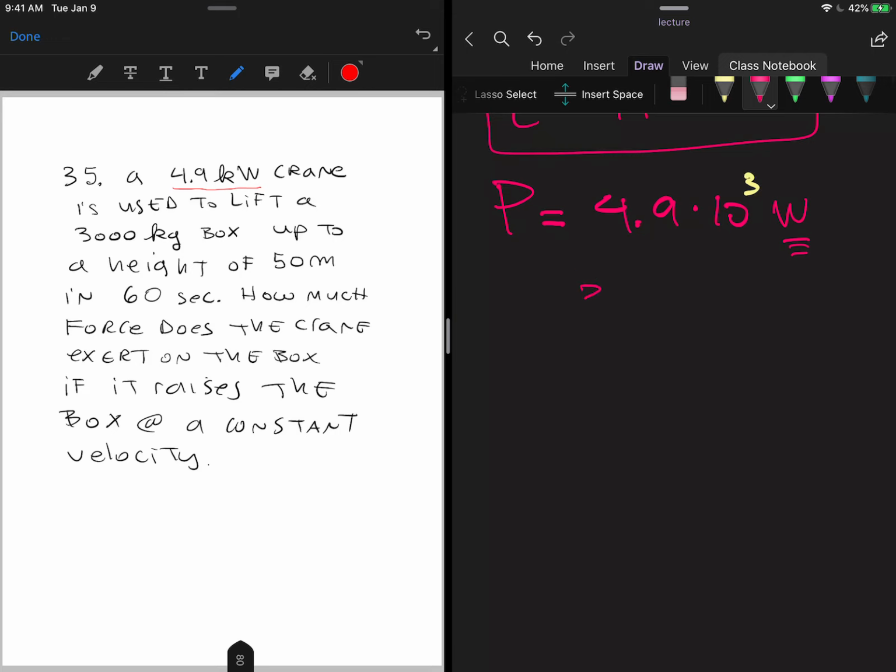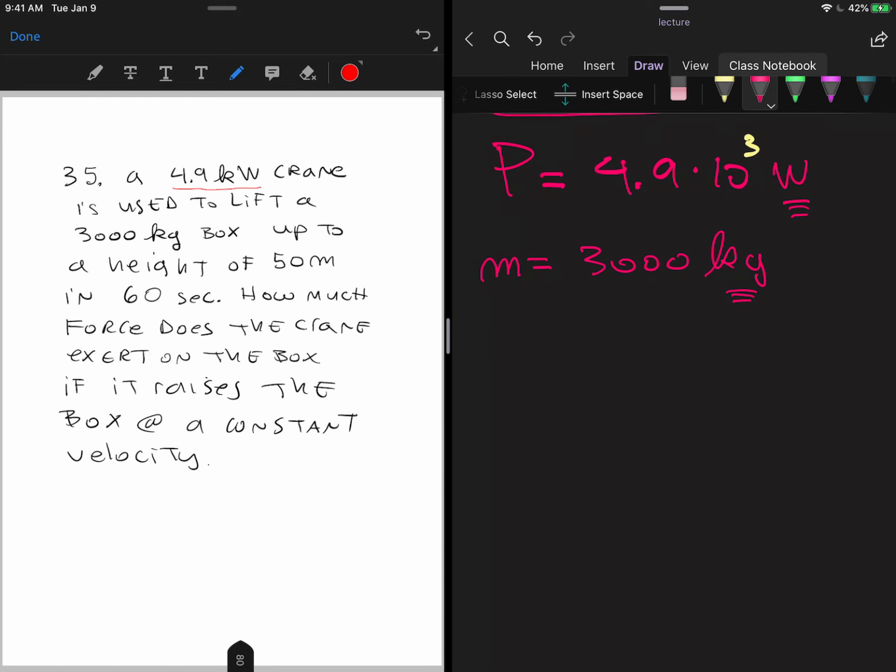And next we have 300 kilograms. Kilograms means that this is mass. And next we also have 60 seconds, and seconds implies that this is time. And we're trying to find the force on that crane. And it says that it's going upwards at a constant velocity.